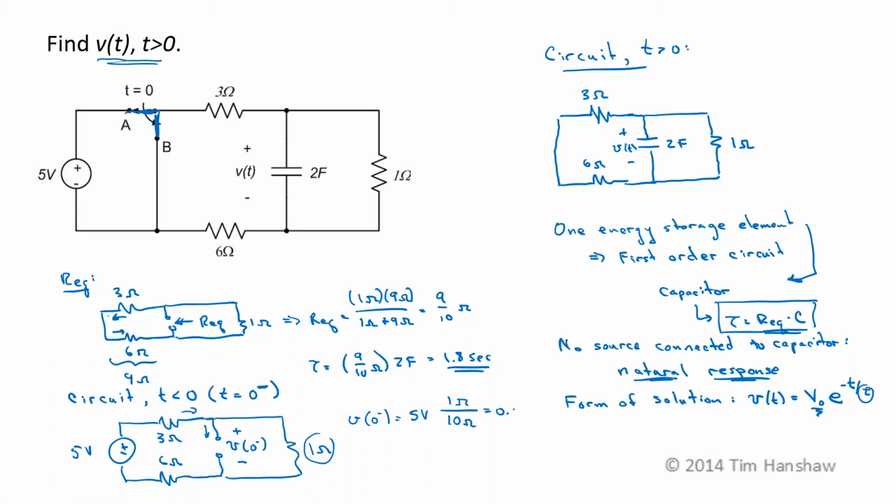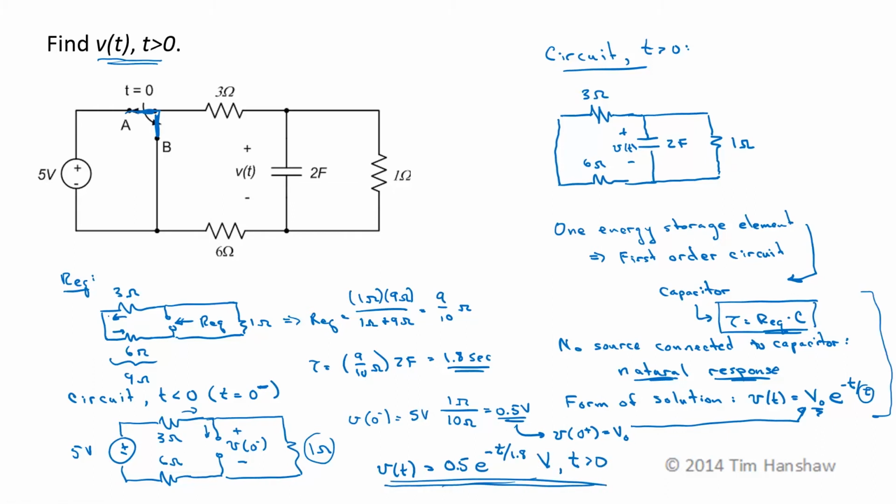So this is 0.5 volts, which is exactly V at 0 plus, since the capacitor can't change its voltage instantly, which is the initial condition V0. Now I have a number for V0 and I have a number for tau. So V of t is equal to 0.5 e to the minus t over 1.8 volts for t greater than 0.